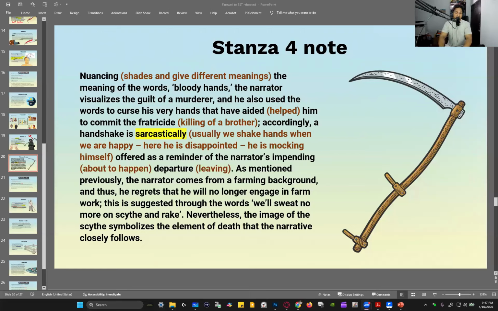He loves it, right? Exactly, he loves it, definitely. Yes, he's attached to this farming background. Then why is he running away, Sadinsa? If he loves this farming background, why is he running away?